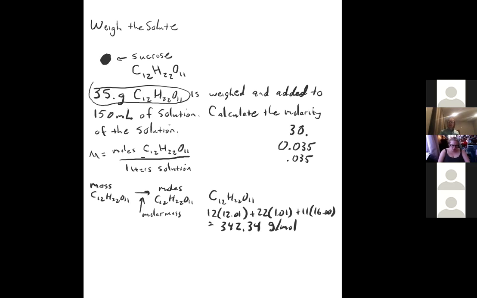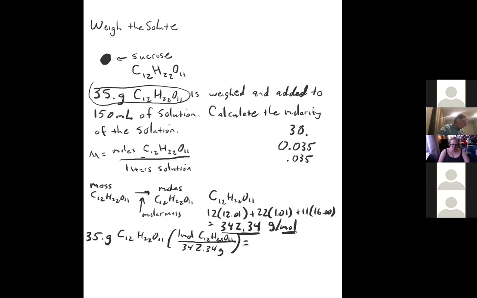There's the molar mass of sucrose. Now we do our conversion. 35 grams of the sucrose, and 1 mole of sucrose is 342.34 grams.